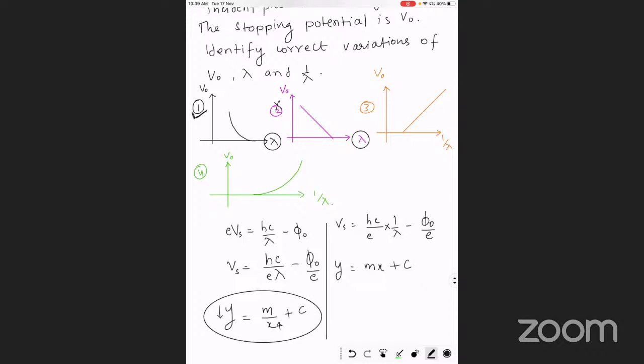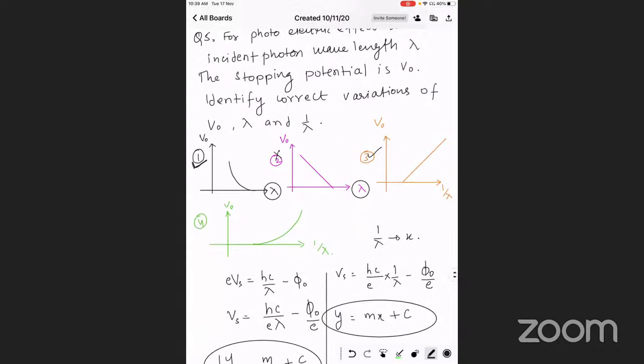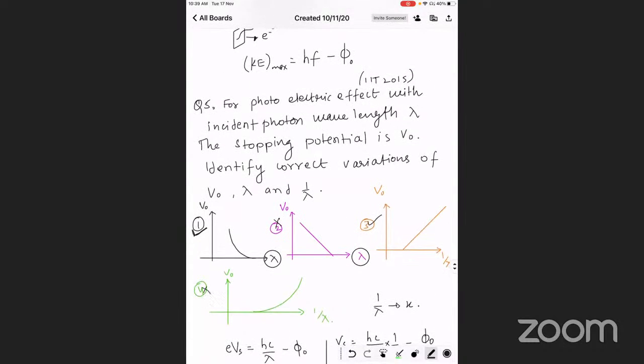Why? Because this time I am considering 1 by lambda as x. That's why I'll get equation look like this. Do you agree? So out of third and fourth, which one is correct? Third. Third is correct. This was the question from IIT Advanced 2015.